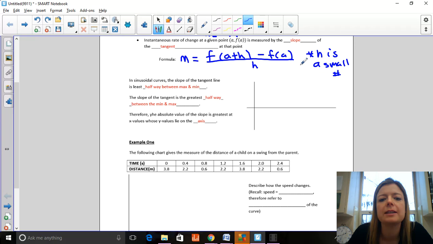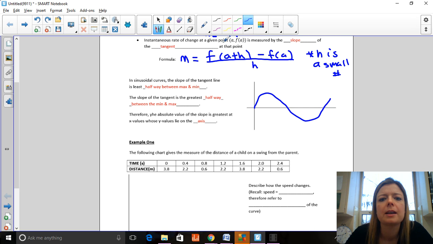You do that at least 2 times to see what your slope is approaching, and then you make an estimation about the instantaneous rate of change. Remember, this is really just the slope of the secant. It's just that the second point is very, very close to the first point, so it's approaching the slope of the tangent.